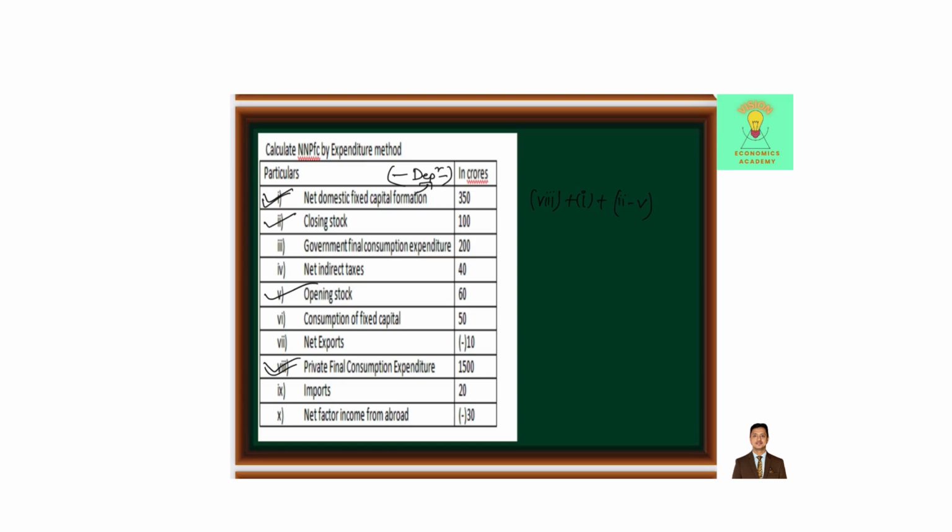Then we have government final consumption expenditure, which is given here directly, plus net exports, which is given directly.